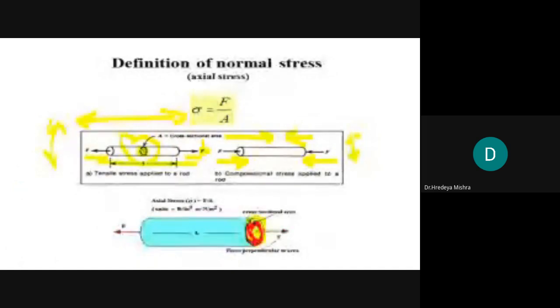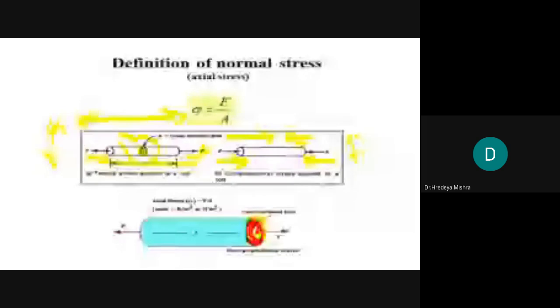So if we are going to measure the stress, you can see that that is the axial stress, the normal stress.